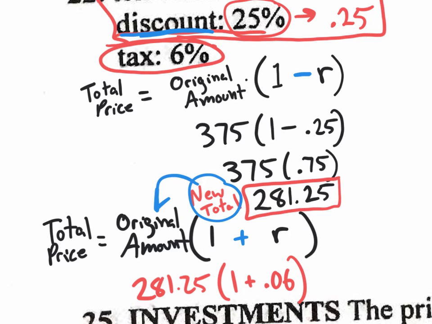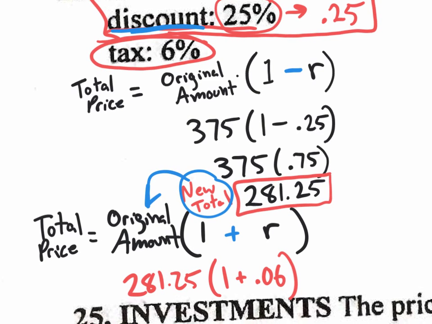So let's do this on the calculator. I'm going to write 281.25 times, I might as well do the 1 plus 0.06 in my head and just multiply it by 1.06. Hit equal, and my final answer right there will be 298.125.